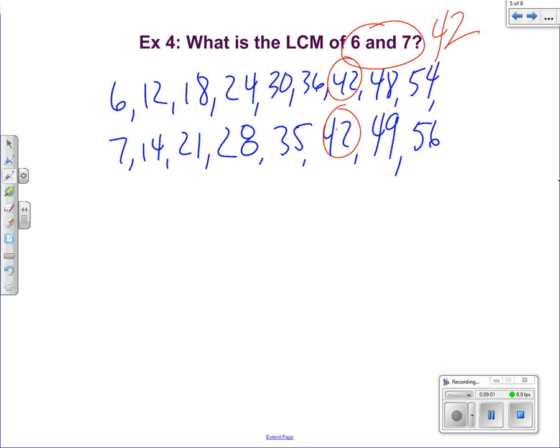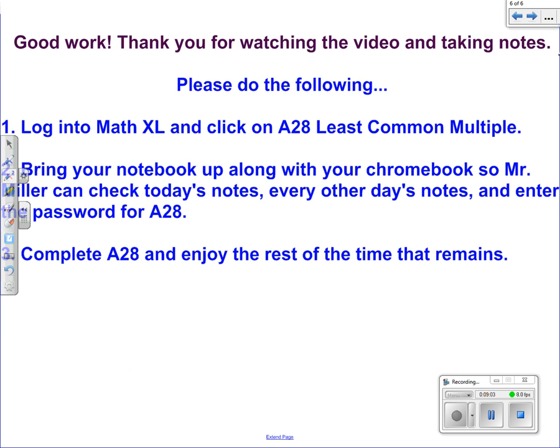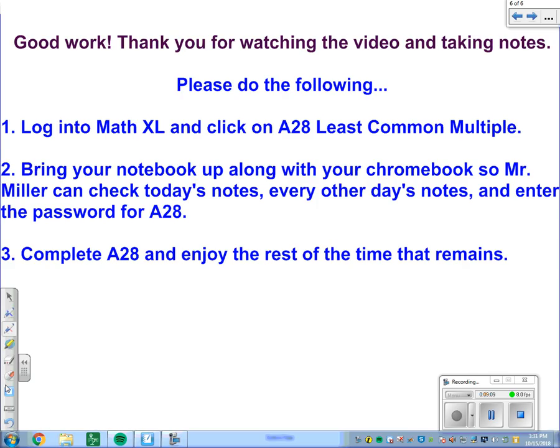Now, what I need for you to do is the following. First of all, log into Math Excel and click on A28. It's going to ask you for a password. I will not tell you what the password is. You bring your Chromebook to me. You bring your notebook to me. I will check your notes for today.